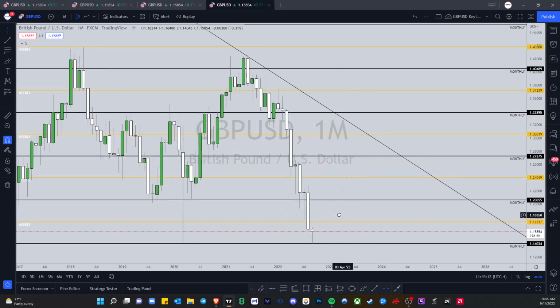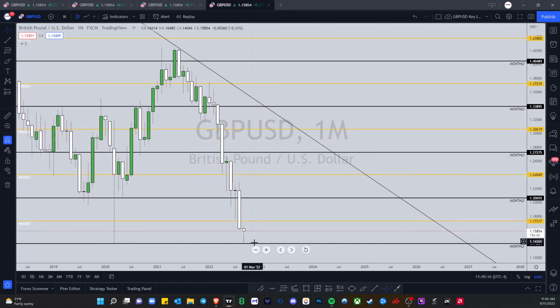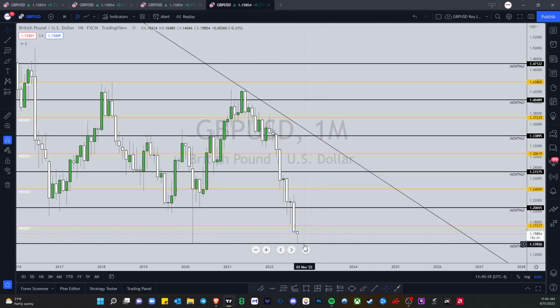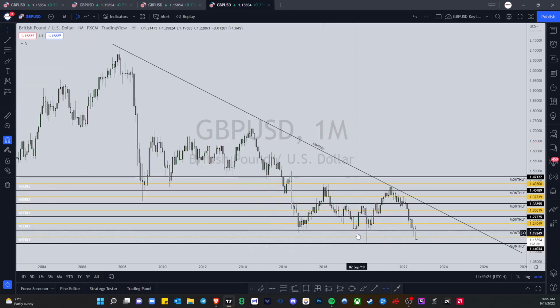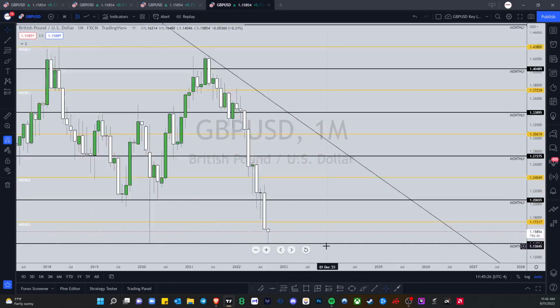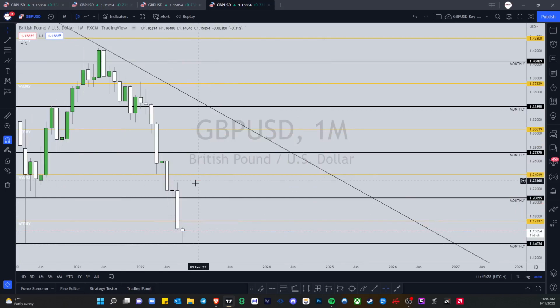But this area right here is an area we should be paying a lot of attention to because it's a key level. A lot of things happen on key level areas. So price usually rejects around the key level areas, monthly, weekly key level.